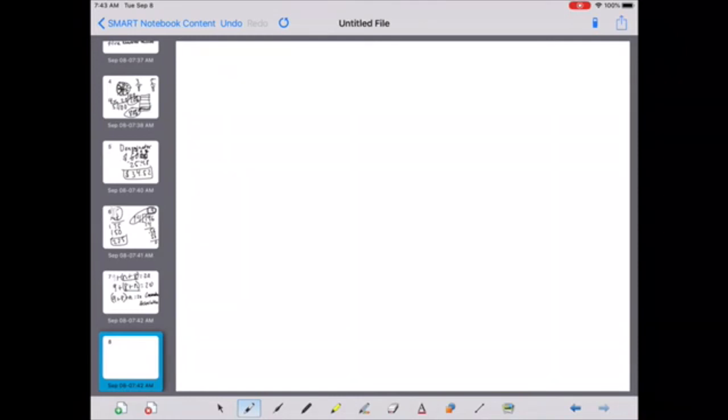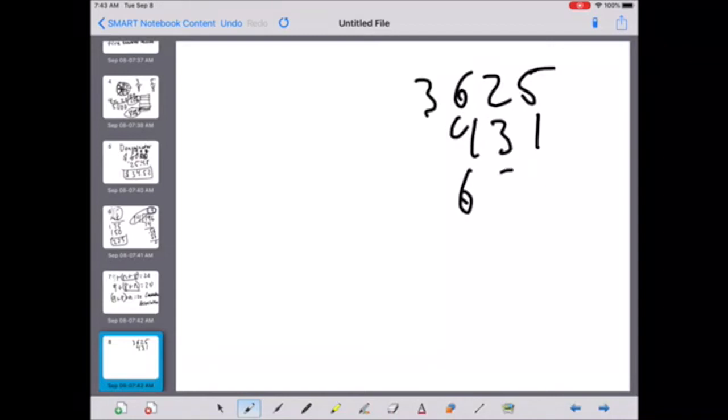Number 20, an addition problem, 3,625 plus 431 plus 687. Adding those all together, I have 5 plus 1 is 6 plus 7 is 13.